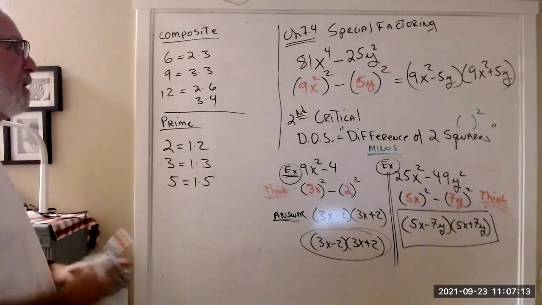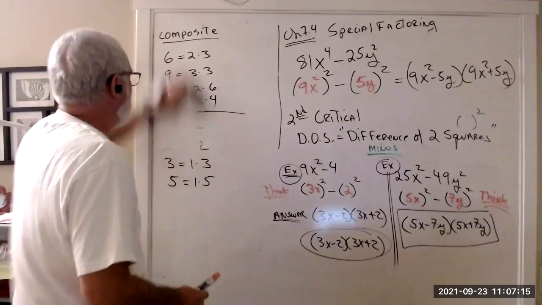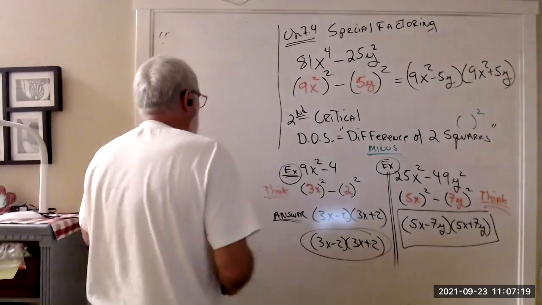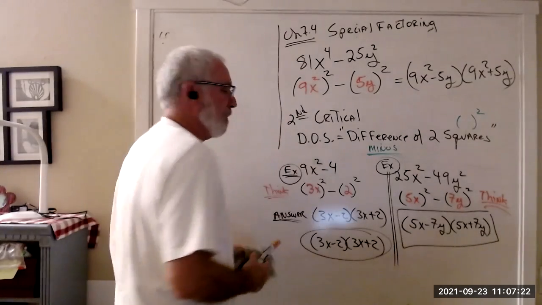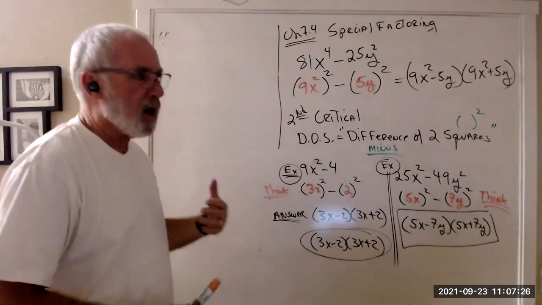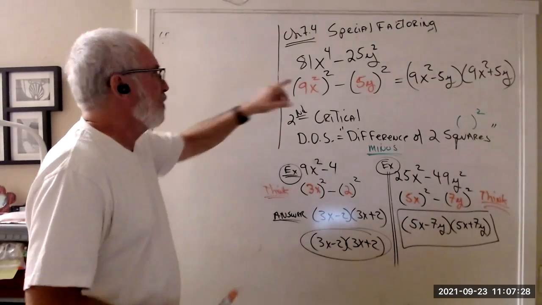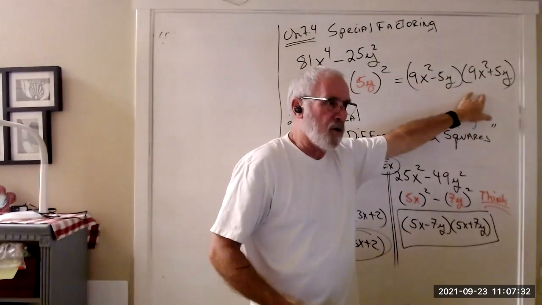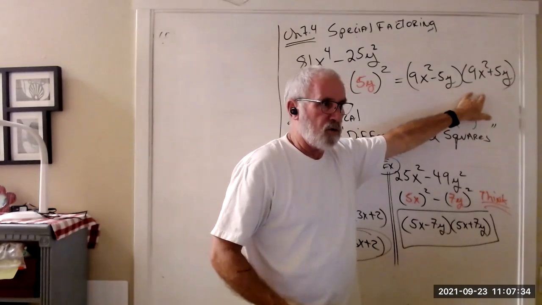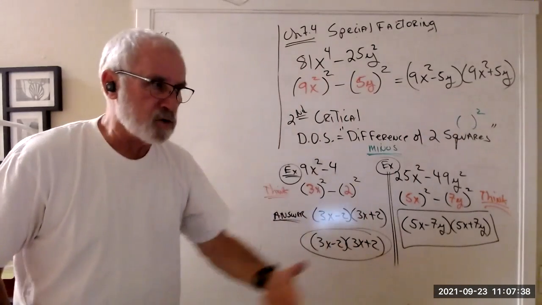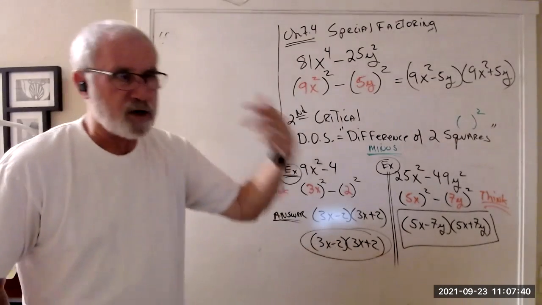Well, unfortunately, in algebra, we have prime polynomials. Now, everything I've given you to this point has been a composite polynomial because you've been able to break it down into other polynomials. What do they have in common? You've been able to use grouping. You've been able to use trinomials.